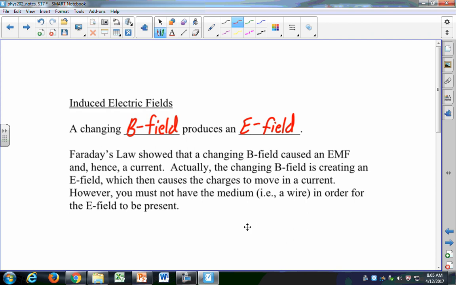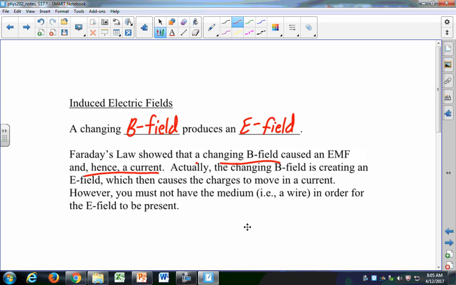But really, it's not the current that we're inducing, it's really the electric field that we're inducing. And then the electric field just generates a current. So a current is caused by an electric field. So Faraday's law showed that a changing magnetic field causes an EMF and hence a current, but really we're just creating an electric field.